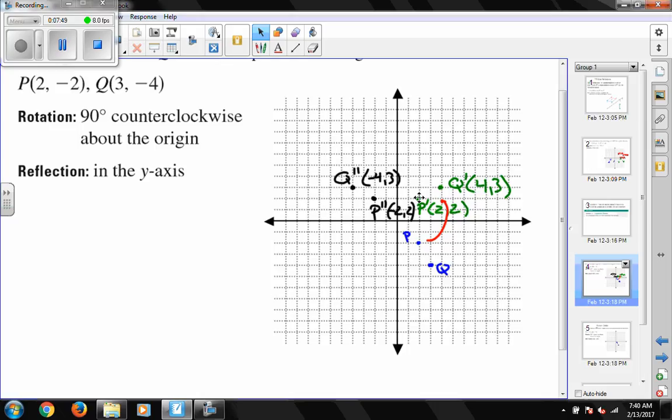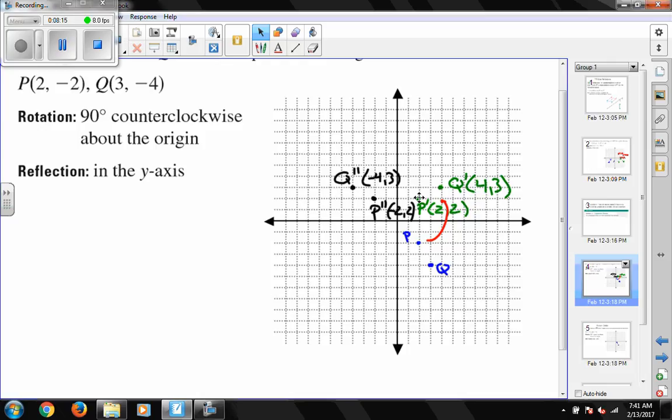And our double primes are going to be our final answer, and this is going to be our combination of these two transformations of a rotation and a reflection. In the previous example that we went through, I told you that order didn't matter because that translation occurs parallel to the line that we're reflecting over.